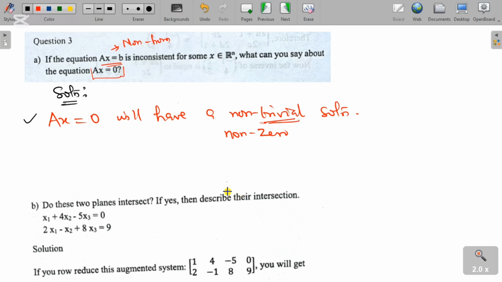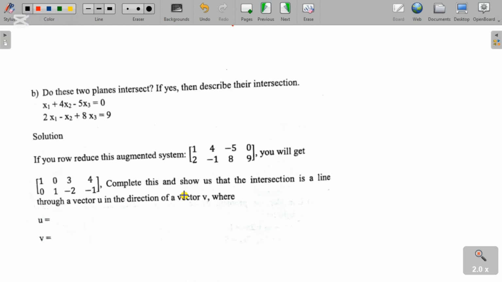Of course, you can see that this is very easy to handle. All right, so we go over to question B then. B says, do these two planes intersect? If yes, then describe their intersection.